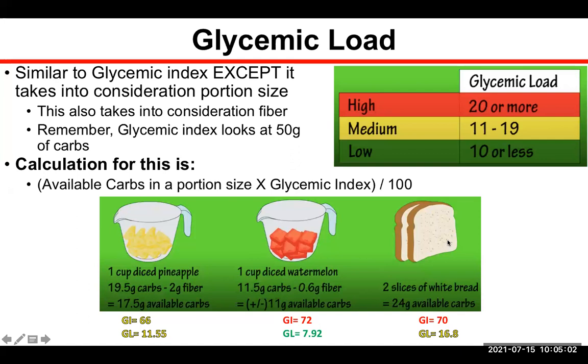Whereas some of the carbs that we now know aren't really good for us stay relatively high. So the GI for this is 70, where the glycemic load is better. It's not in the high range anymore, according to this range and definition, but it's still not the best.